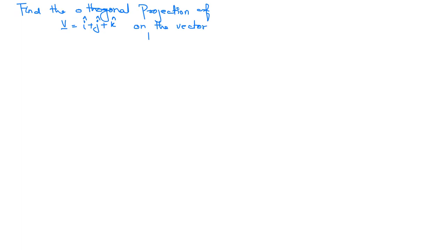Find the orthogonal projection of vector V, which is equal to I plus J plus K, on the vector B, which is equal to 2I plus 2J. Okay, we have to find the orthogonal projection.